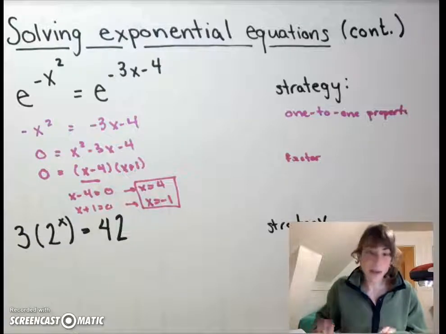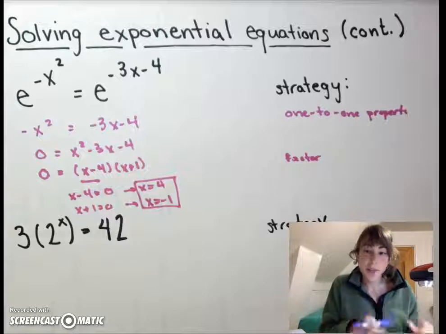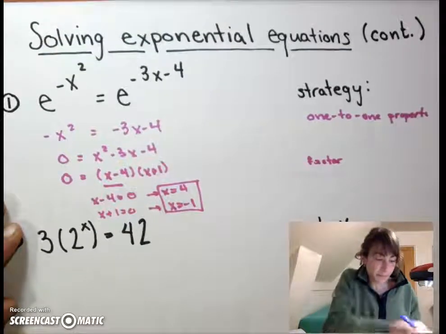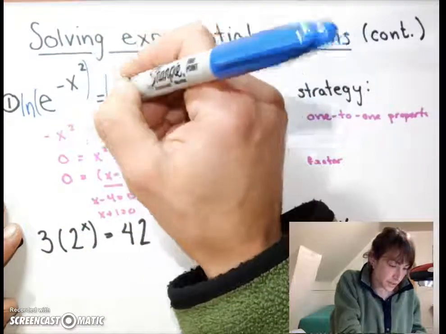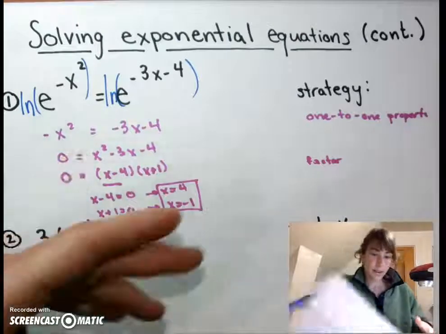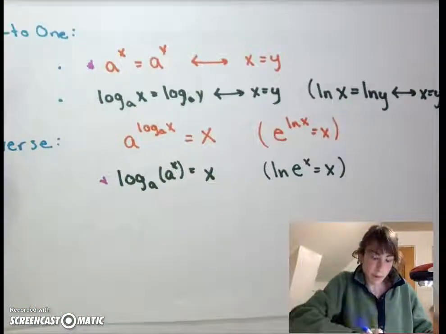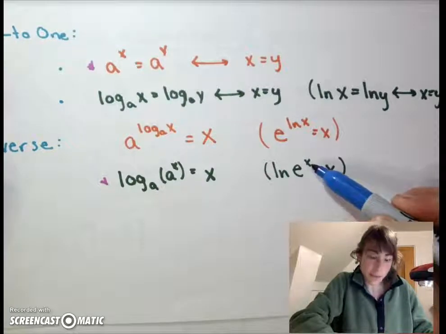And I just want to point out that in this example, we didn't have to use the one-to-one property. We could have used the inverse property, because if I take a natural log of both sides of this equation, then the inverse property says that if I take the natural log of e to some power, I'm left with whatever's in the exponent.